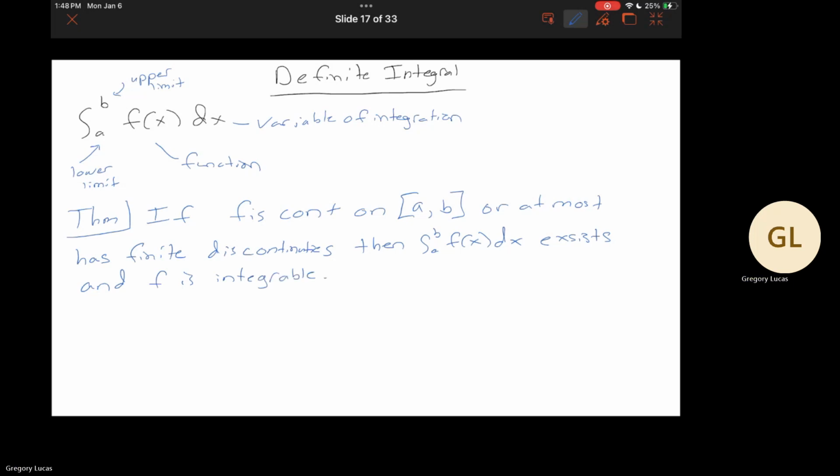So I'm going to give you some properties of this integral, and then we'll do some examples.